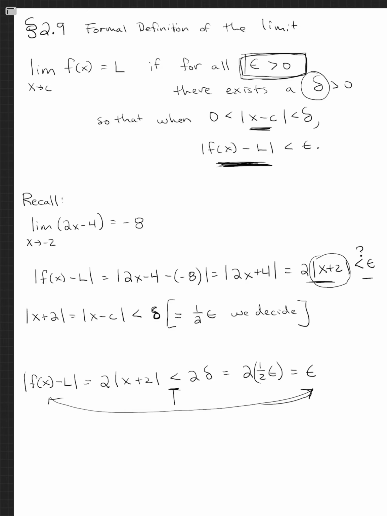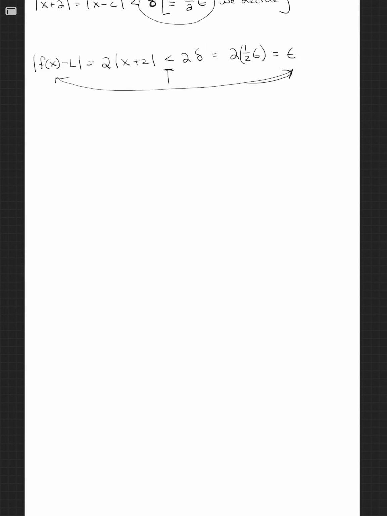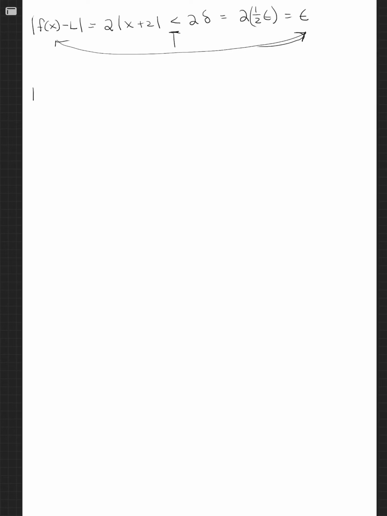Right? So we've got what we wanted, which is that f of x minus L is less than epsilon. Right? And that's all that it comes down to. The tricky bit is figuring out what we want delta to be. And it's always going to be whatever it needs to be to plug in to make this true.